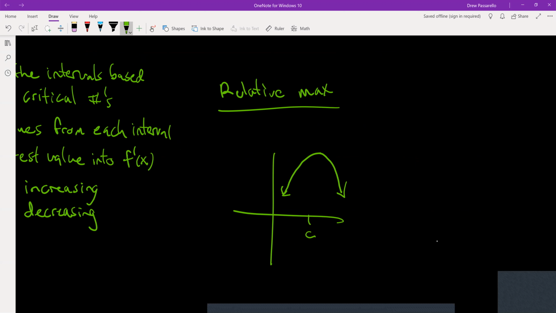So you have C, and that occurs right there. So it's going to be increasing to the left of C and then decreasing to the right of C. So it goes from increasing to decreasing for relative max, which means its derivative, f prime of x, goes from positive to negative.